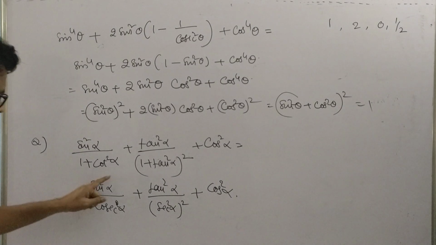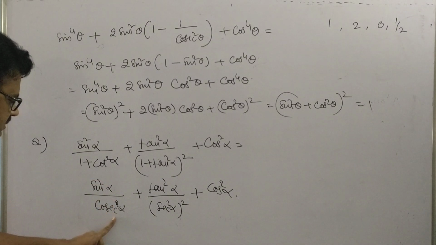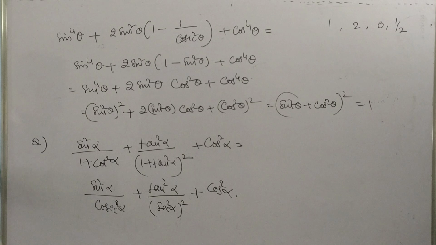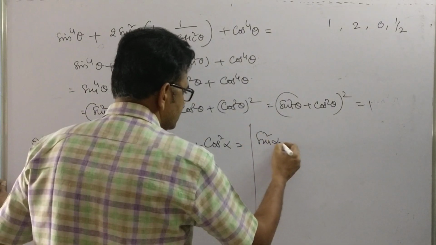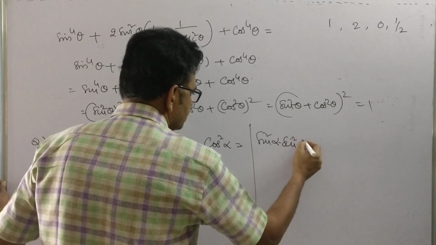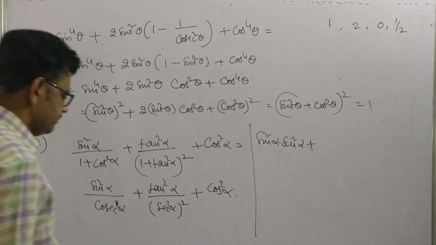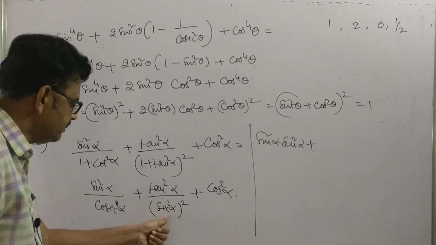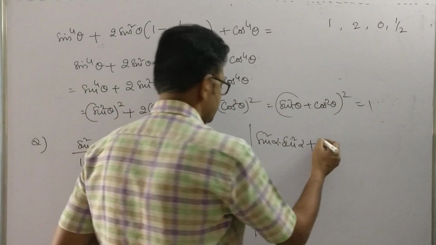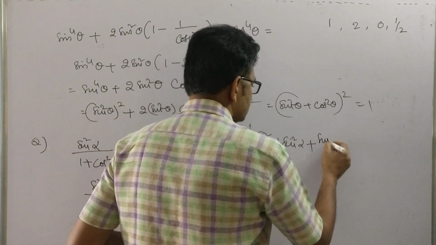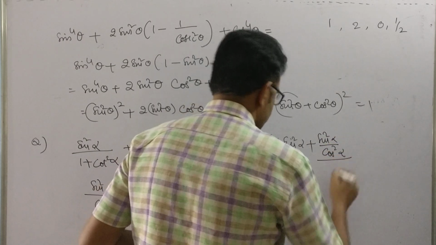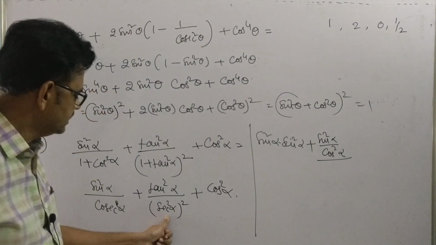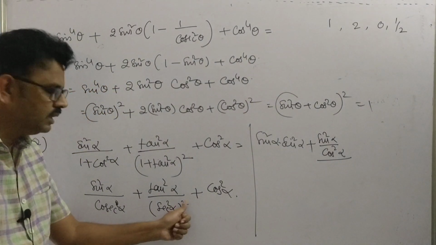So 1 by cosecant square alpha is sin square alpha, that is sin square alpha into sin square alpha, plus sin square alpha by tan square alpha, where tan square alpha is sin square alpha by cos square alpha. So this is secant power 4 alpha.